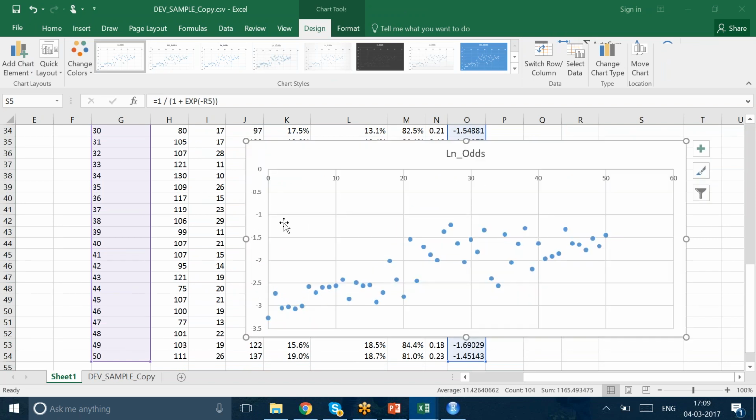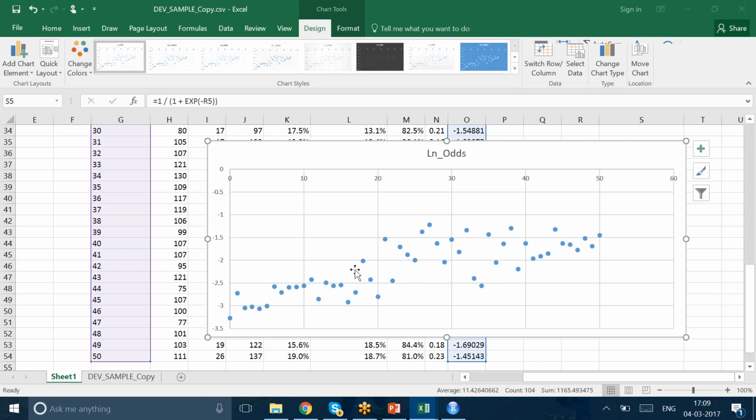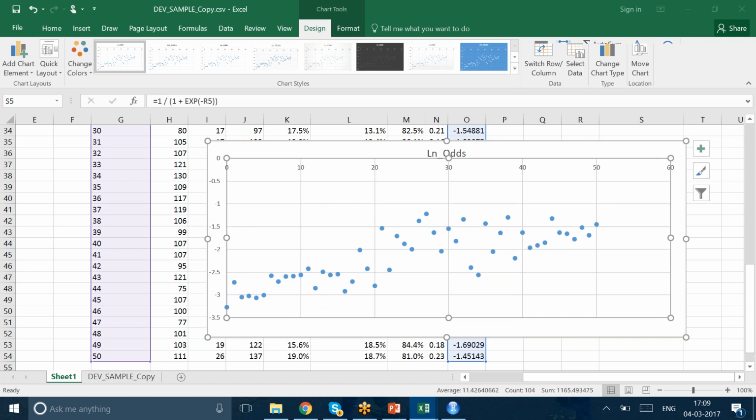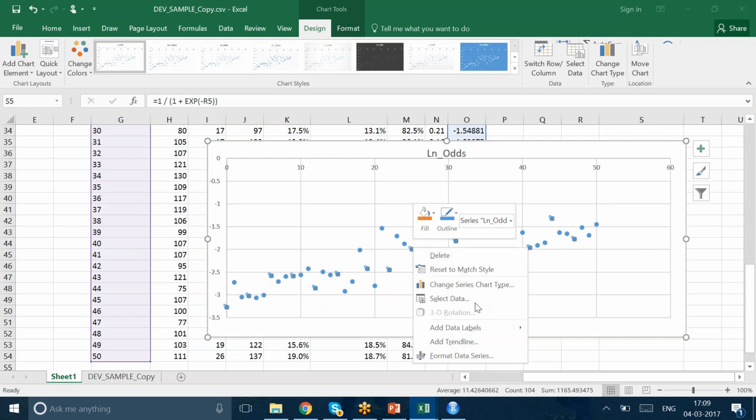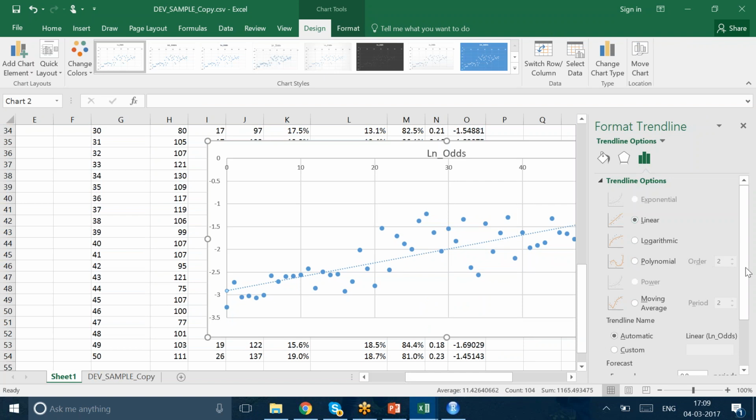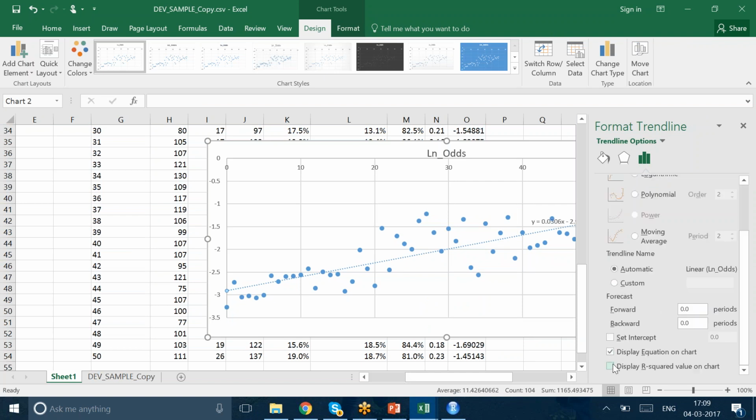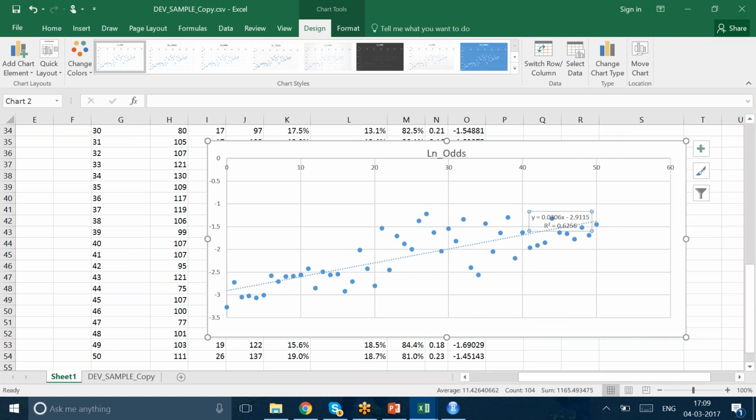This axis is now log odds, and this axis is my x-axis, that is number of credit transactions. For this, I am now going to build a linear equation. Let me build a linear equation, which means I add trend line, linear, display equation. Okay. This is my linear equation.